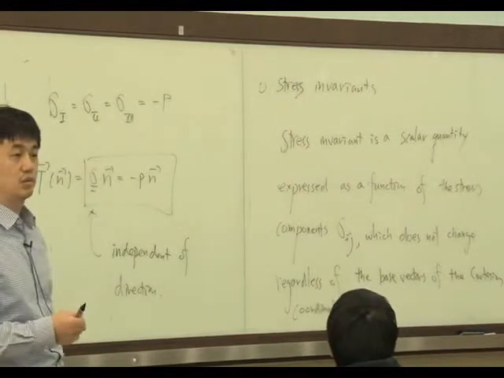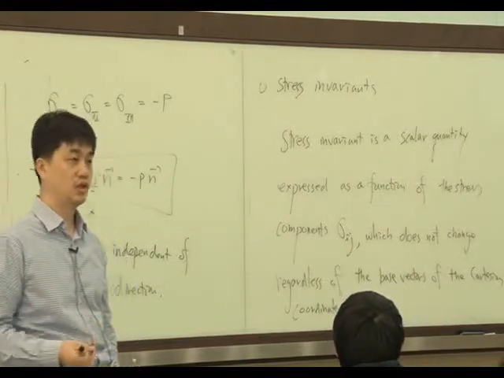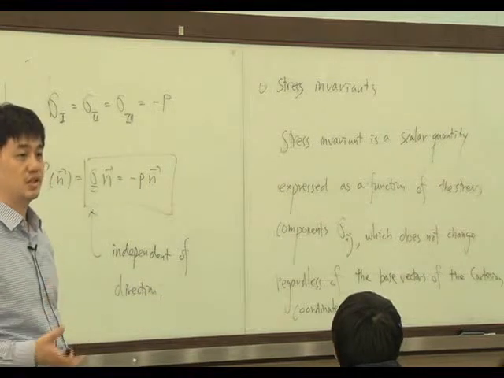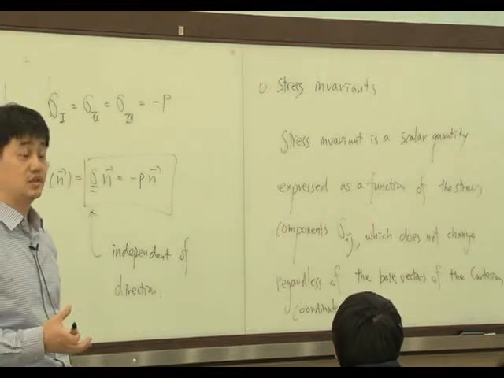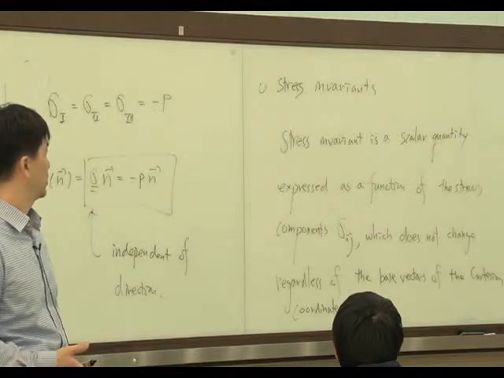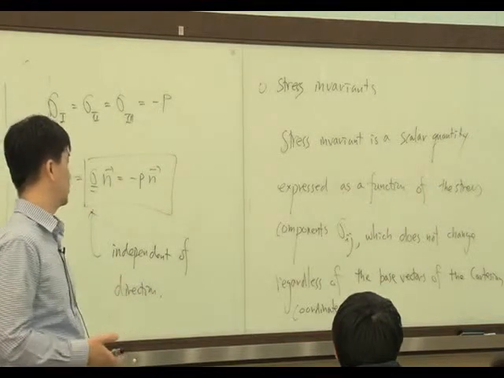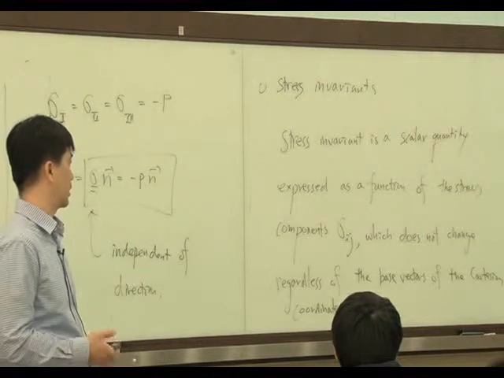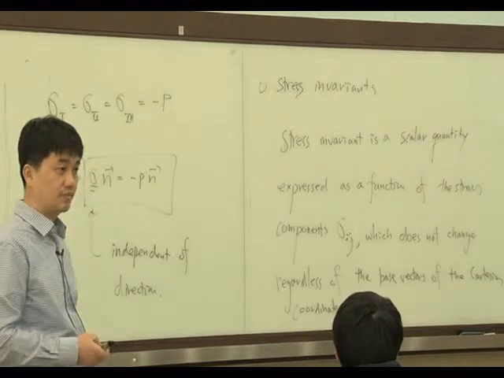So stress components sigma 11, 22, 13, 33. These are stress components. With these stress components, we can make some function. It's a function which does not change regardless of the base vector of the coordinate system.